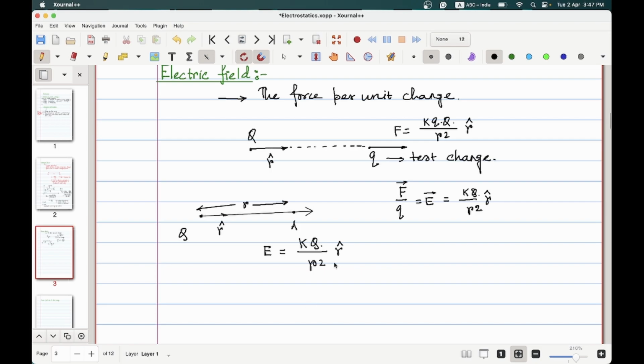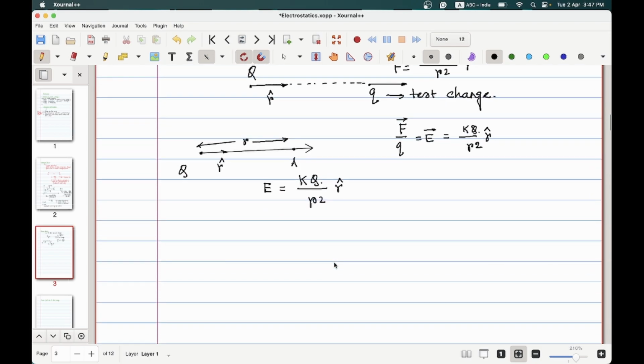So if we assume a region of electric field and we place an electric charge in that region, then this charge will experience a force.